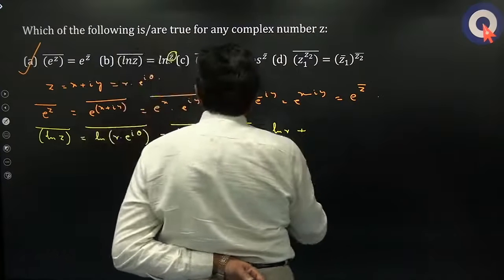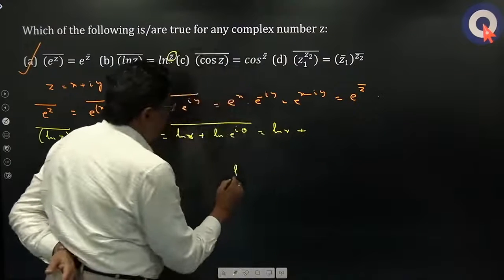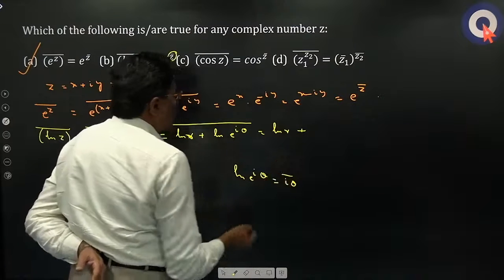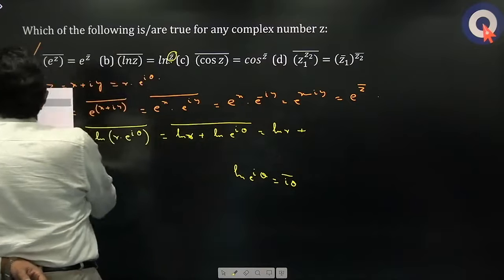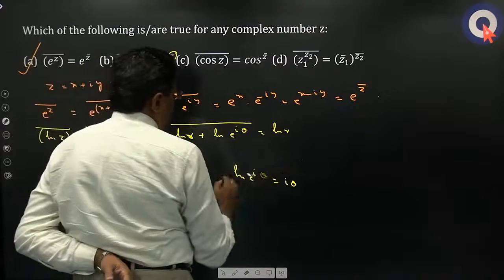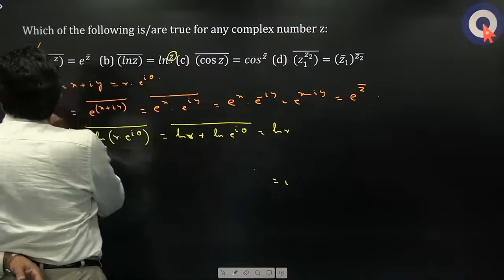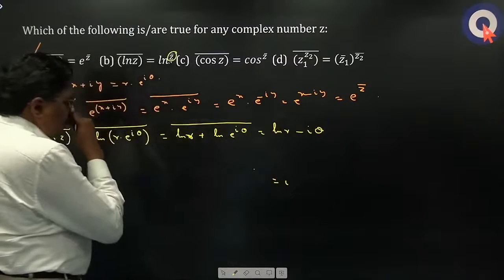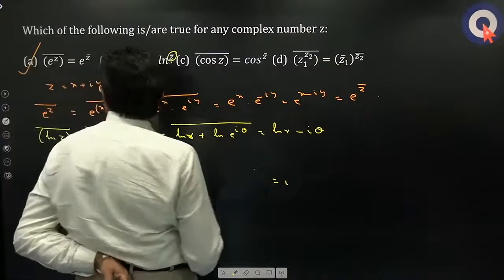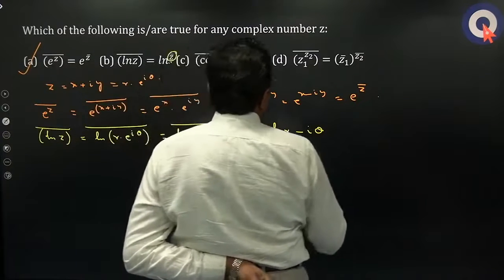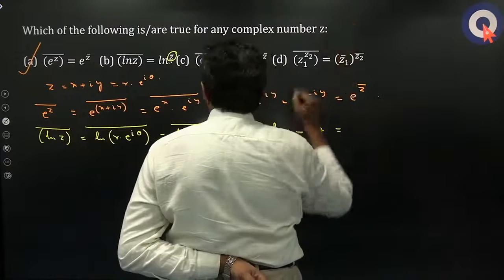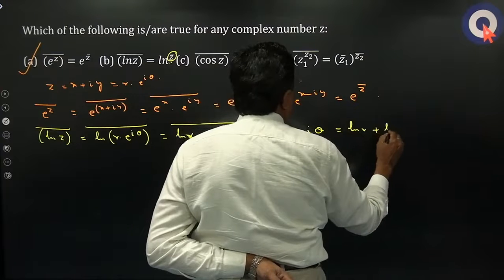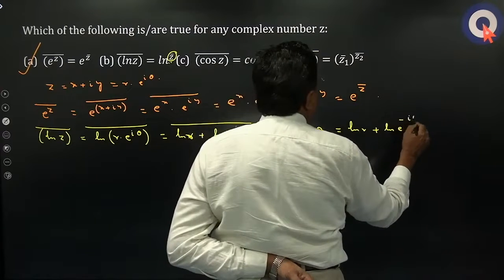And ln of e power i theta is basically i theta. Its conjugate is minus i theta. So ln r plus ln e power minus i theta.